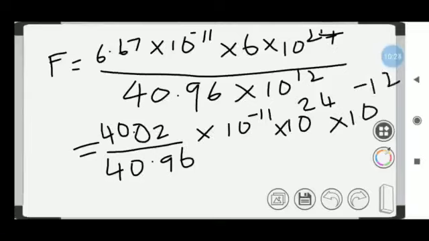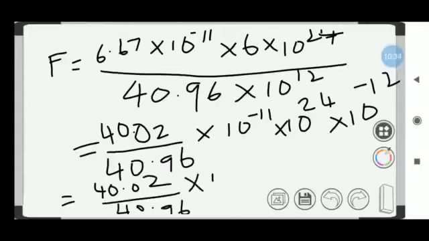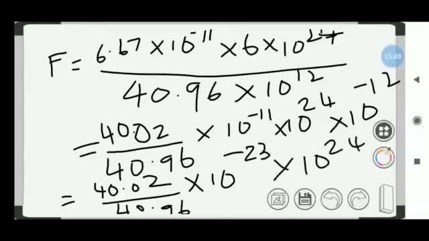Okay, so 40.02 divided by 40.96 into 10 to the power, here minus 12 minus 11, so minus 23, right? So 10 to the power minus 23 into 10 to the power 24. So that means 10 to the power 1, 24 minus 23, that's 10 to the power 1.